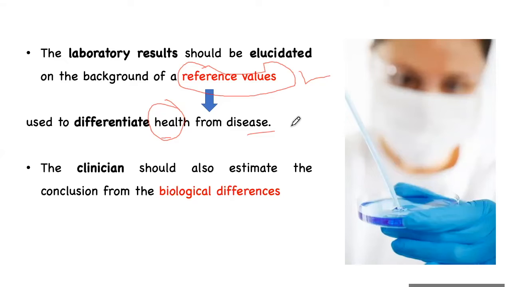Okay, so in the case of the laboratory test result, as a clinician or clinical pharmacist, you should also estimate the conclusion from biological differences. These are the biological differences which differ from the reference value.